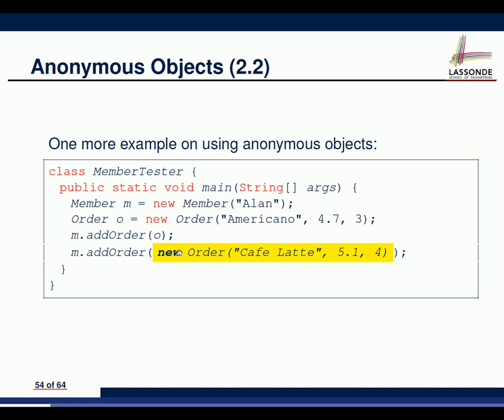For the rest of the main method here, I cannot refer to the highlighted object anymore, because its address is not stored anywhere in the program. More precisely, if we still have some more code to be written for the main method, we can still refer to O over here, but we cannot refer to this particular object anymore because it's anonymous. It's gone. Any questions before I move on to the last example? Okay, good.